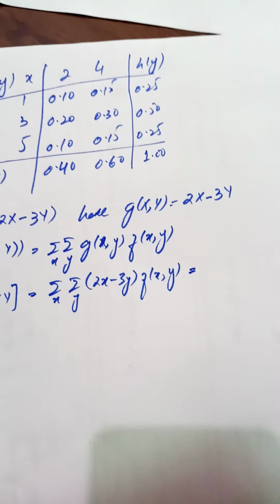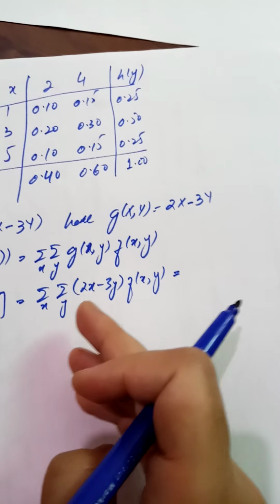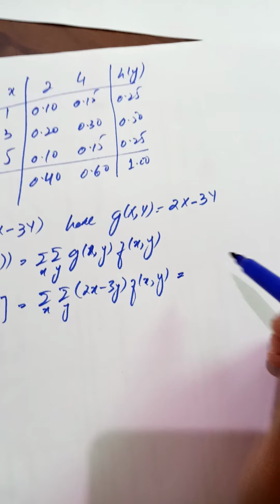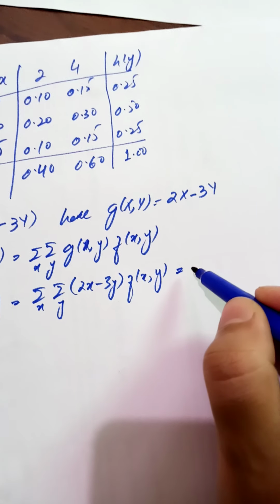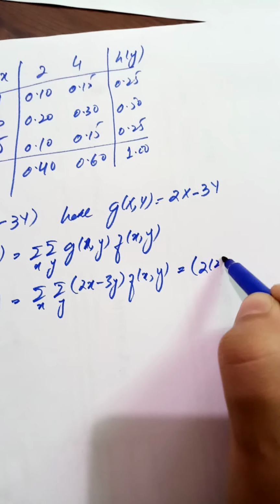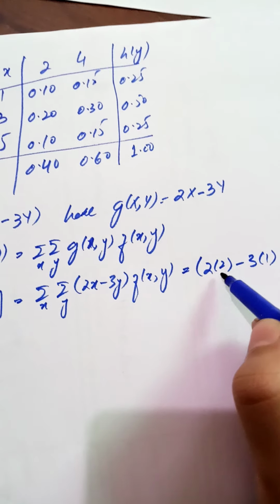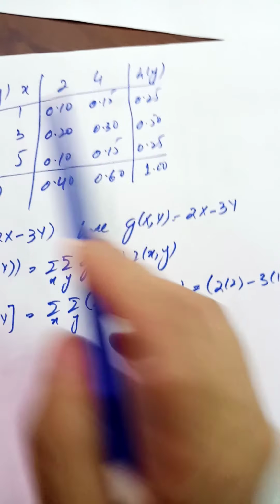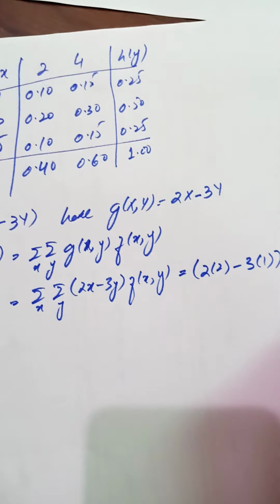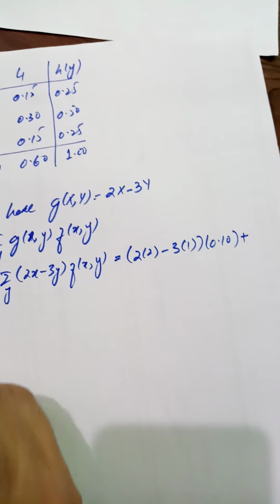So first is when x is 2 and y is 1. We have to compute this for each and every pair and then add them. So first, when x is 2, I have 2 into 2 minus 3 into 1 when x is 2 and y is 1. The probability here is 0.10. We have a summation, so we write plus.